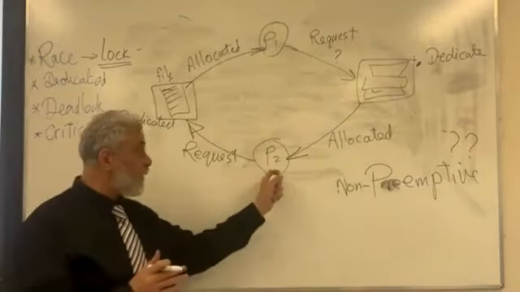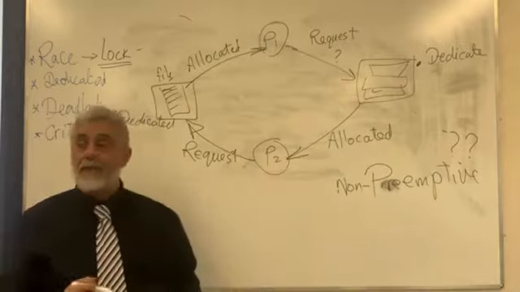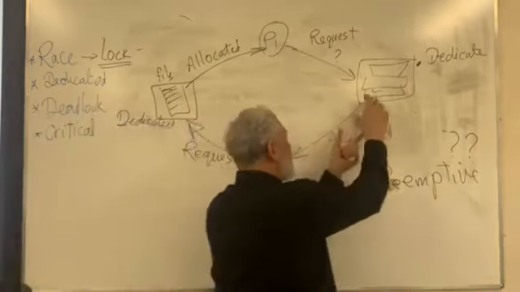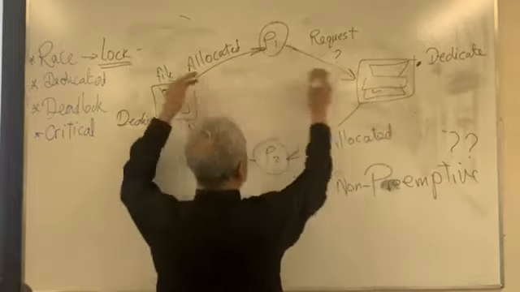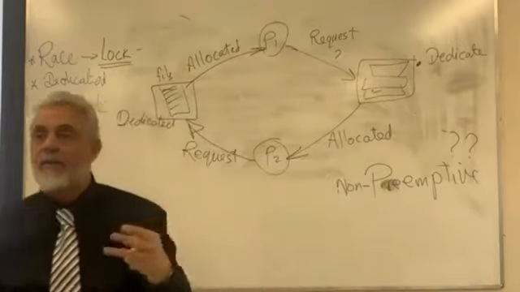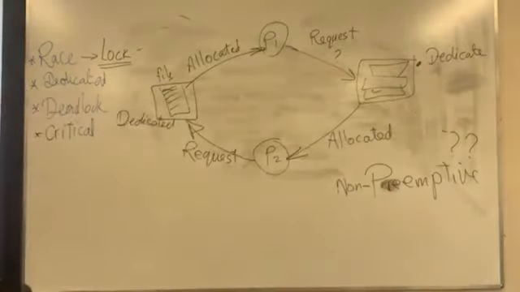But once it's given, we cannot take it away from it. So that's the second condition. If we can take the printer from this guy and give it to this one, then this guy will finish because it has the file and the printer. Sooner or later it'll finish, in half a second or in a minute or 10 minutes. But sooner or later, if you have everything you need, then you will finish.